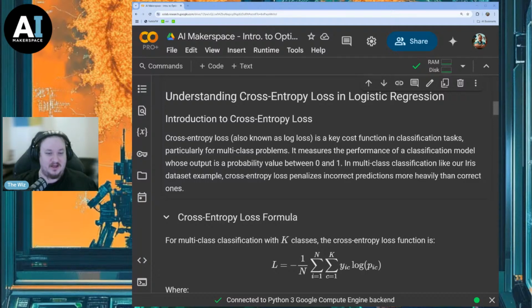The crux being that we're going to look at where the flower is in reality, which is either that it is part of this class or it is not part of that class. But our model is going to output some number that's going to be closer to 1 or closer to 0.